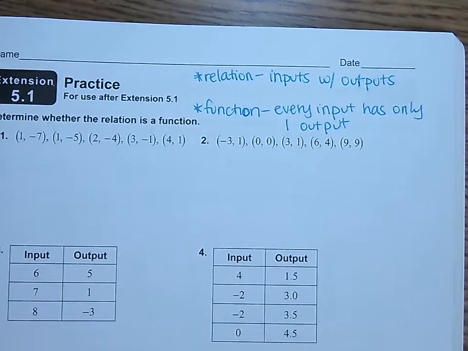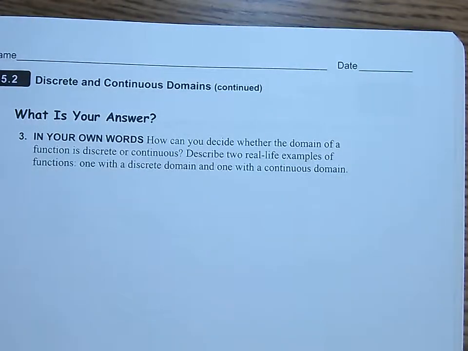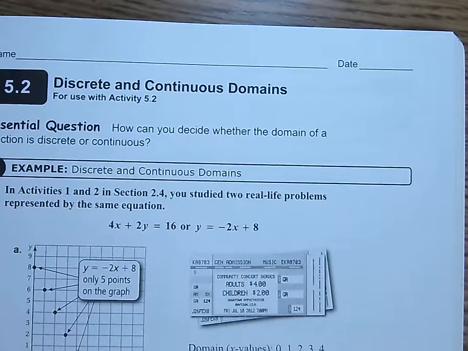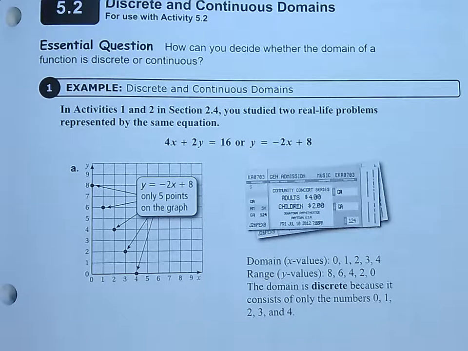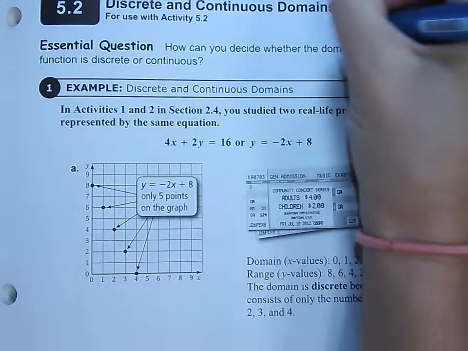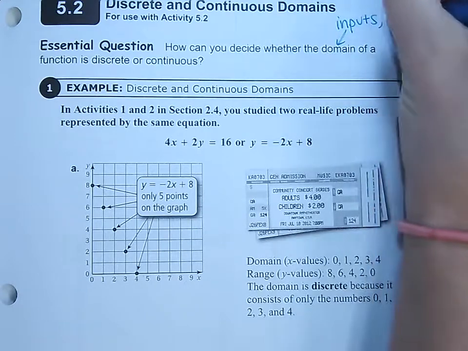All right, so that's for 5.1. Go ahead and turn to 5.2, and we're going to talk about discrete and continuous domains. So we know that the domains are the inputs or the x values.